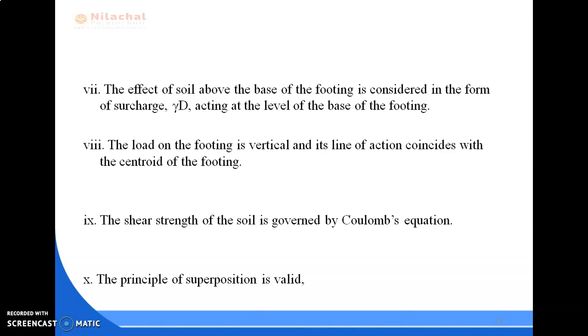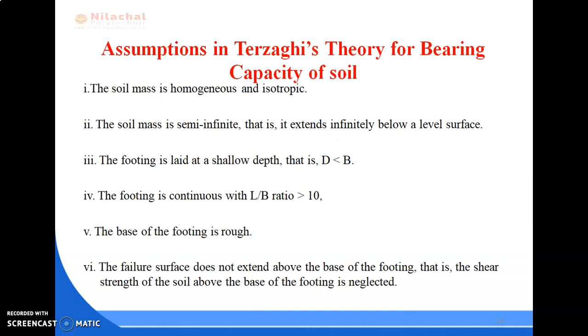The load on the footing is vertical and its line of action coincides with the centroid of the footing. The shear strength of the soil is governed by Coulomb's equation, and the principle of superposition is valid here. So these are some assumptions made by Terzaghi to find out the bearing capacity of soil.